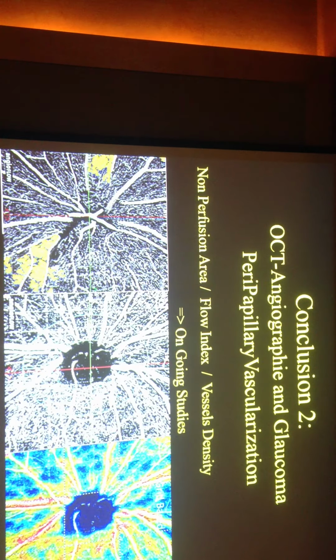So, we are at this stage where we can observe the non-perfusion area, and this is my favorite criterion, because we want to detect lowering of the vascularization, so probably that will be there, but probably that will be a combined analysis with non-perfusion area and flow index or vessel density.